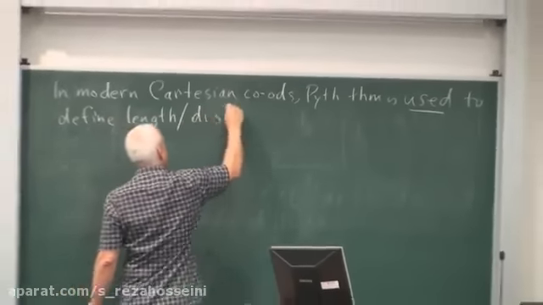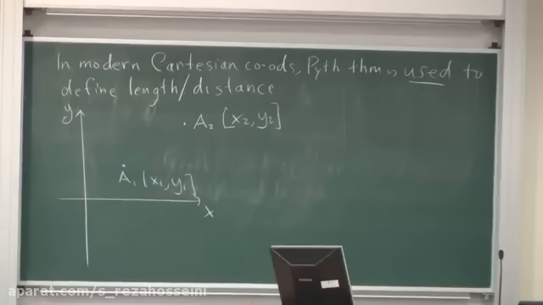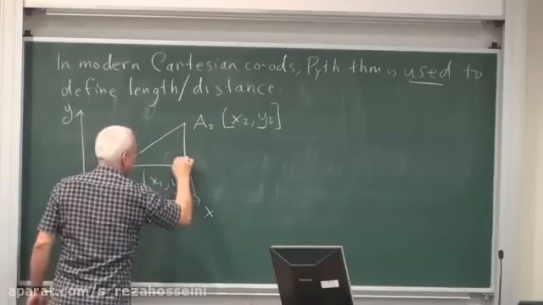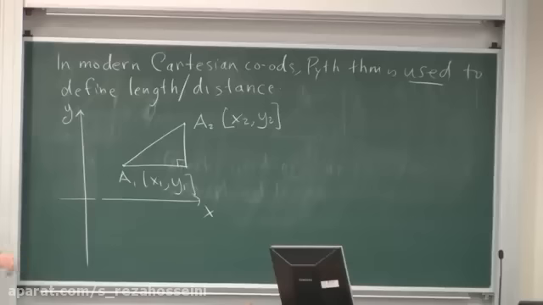Well, in ordinary x and y coordinates, if we have 2 points, say A1 with coordinates x1, y1, and A2 with coordinates x2, y2, then if we're interested in the length or the distance between them, what we do is we think about a little right triangle parallel to the coordinate axes.